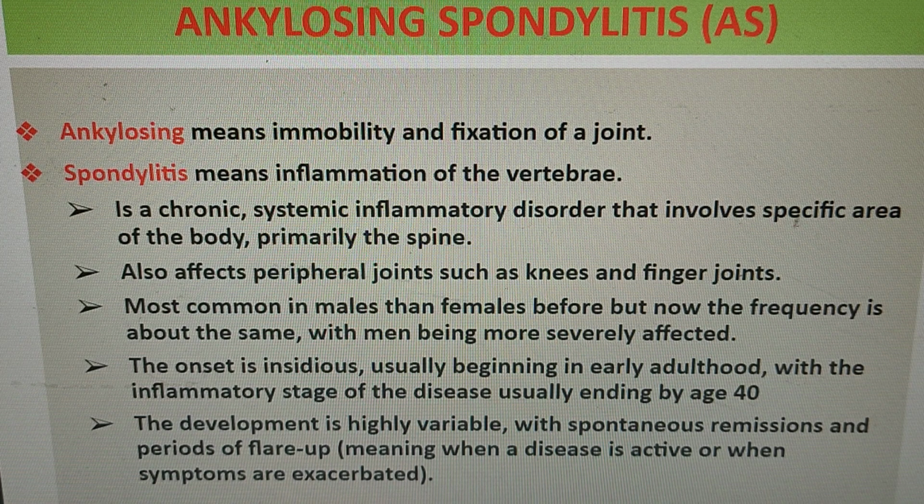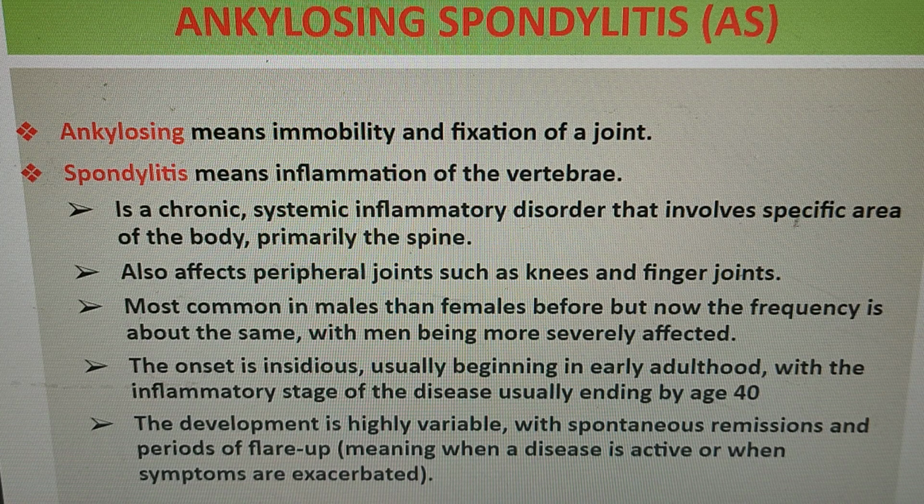Now, it is a chronic systemic inflammatory disorder that involves a specific area of the body, primarily the spine. Okay, so that's the vertebrae. It also affects peripheral joints such as knees and finger joints. Peripheral, away from the spine, away from the central nervous system.